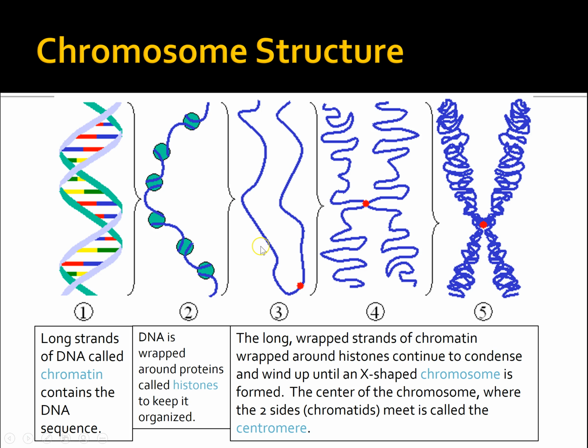And then the long wrapped strands of chromatin continue to condense until an X-shaped chromosome is formed. The center of the chromosome where the two sides meet is called the centromere. Again, most of this is a review, but as we continue to talk about chromosomes and genetic material, I want to make sure that we have this crystal clear.